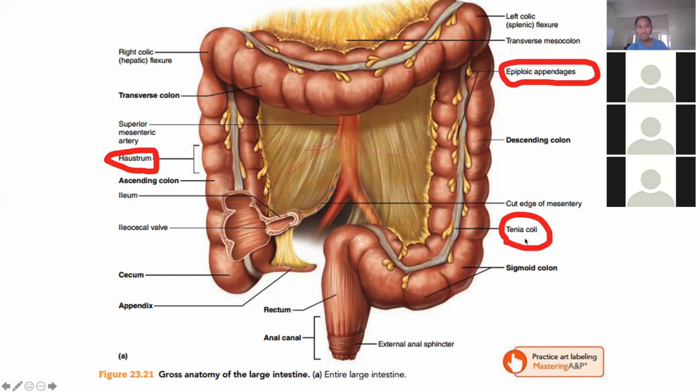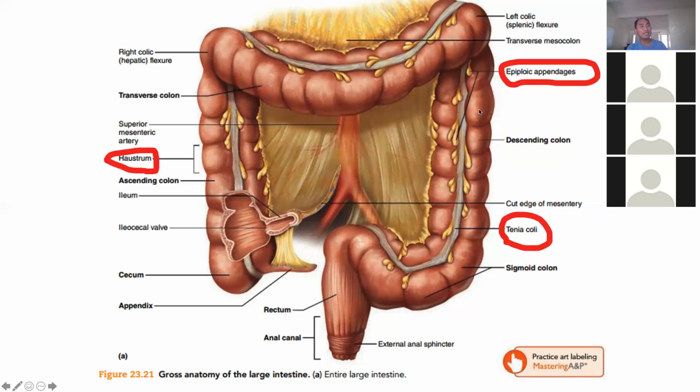Taenia coli means this is the thickening of the longitudinal muscles of the colon. As you know, there are two layers of muscle, inner circular and outer longitudinal. This outer longitudinal layer thickening is called taenia coli.